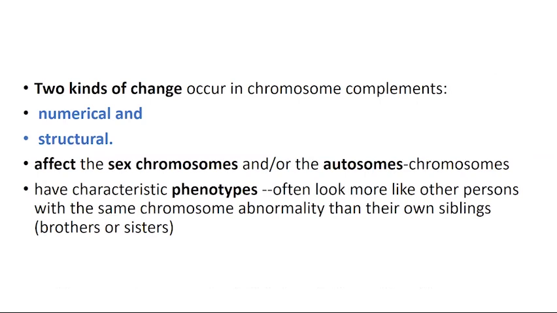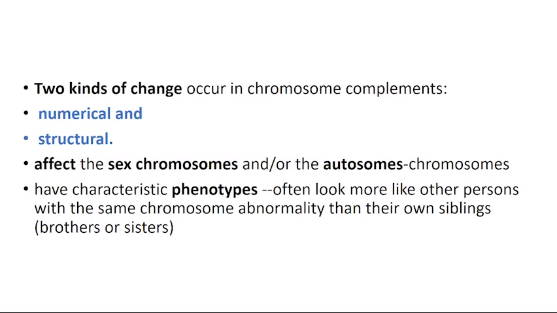So a baby who has a chromosomal defect is going to resemble another baby who has a similar chromosomal defect. The phenotype, that is the external appearance, will look more like a person with the same chromosomal abnormality than their own sisters and brothers.